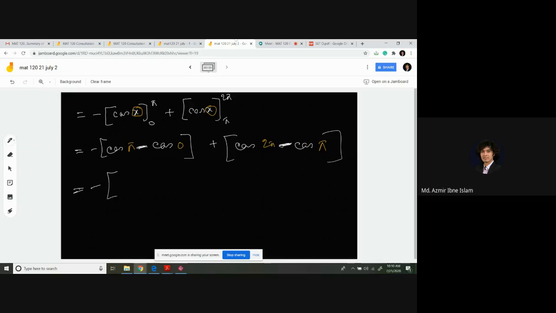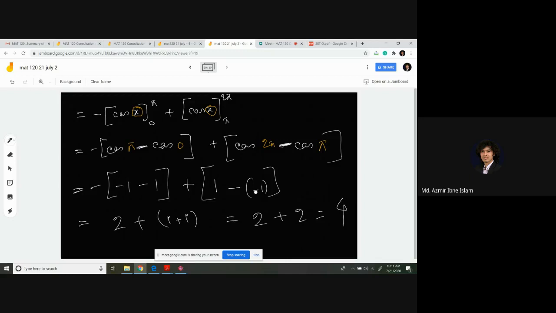So cosine 180 degree, cosine pi, that is negative 1, cosine 0 is 1, plus cosine 2 pi, cosine 360 degree value will be 1. Cosine pi, that means again -1. So finally we are getting -1 -1 = -2, that means 2, plus 1 plus 1 = 2. So 2 plus 2, we are getting 4.